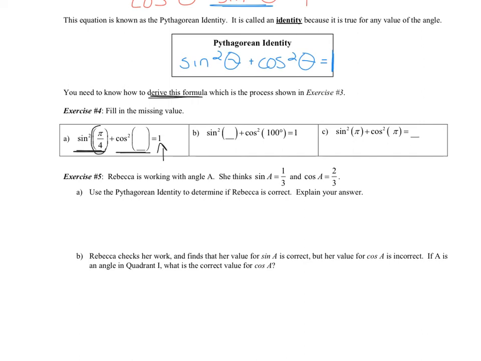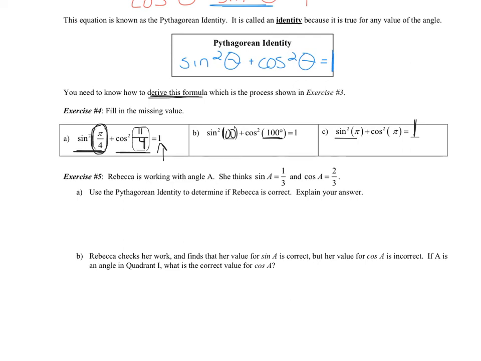This angle, this theta, would stay the same. So it is true that the sine squared of 45 plus cosine squared of 45 equals 1. The same is true if this is 100 degrees and we're using sine squared and cosine squared and adding. And lastly, the sine squared of pi plus cosine squared of pi also equals 1.